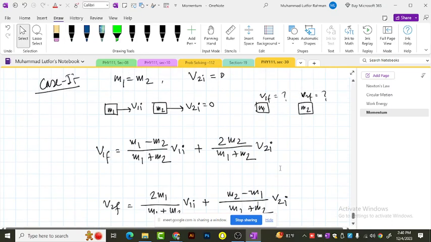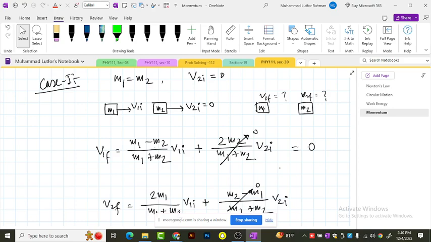Now look at this. Since V2I is 0, the second mass is initially stationary, so this term will be 0. Since M1 equals M2, this part is also going to be 0, because it will cancel out.